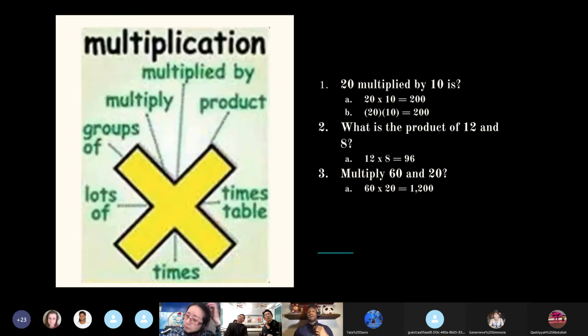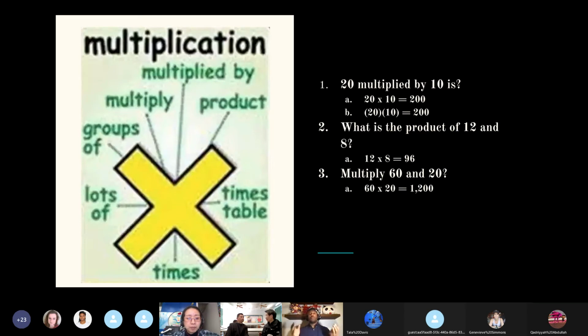The bottom one here, I don't think I put times on here, but a lot of people would say 20 times 10. So 20 multiplied by 10, 20 times 10. As elementary students, we learn our times tables. We memorize those as elementary students. So times is definitely a very popular one too.